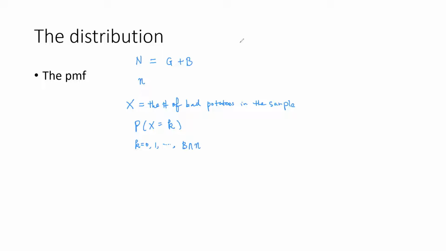We choose the smaller of these two because you cannot have more than the sample size, and you cannot have more than the total number of bad potatoes. So it's the minimum of B and n. This notation means that.